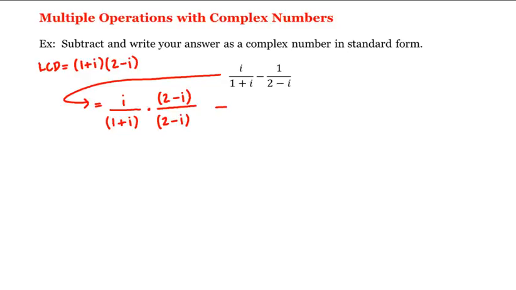And then we have minus 1 divided by 2 minus i. And what's missing here in the second fraction is the 1 plus i. And now that the denominators are the same, we can subtract the numerators.